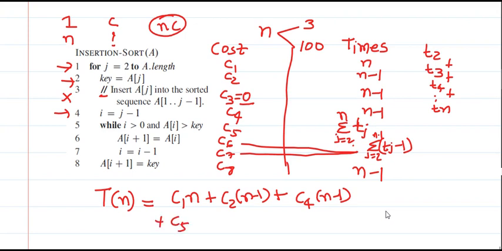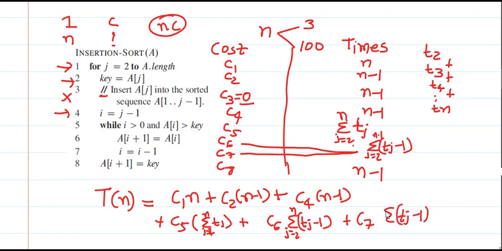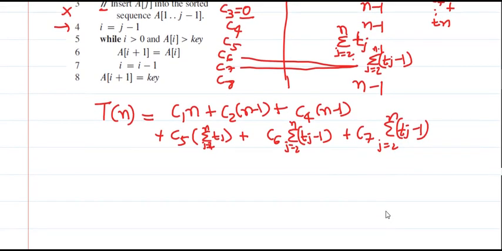For line number 5 we can say C5 into Tj, where j is running from 2 to n, and then for C6 and C7 we can say C6 into summation of Tj minus 1, and j will run from 2 to n, and for C7 also we can say it's Tj minus 1 and j will go from 2 to n, and for the very last statement we can write: C8 into n minus 1.